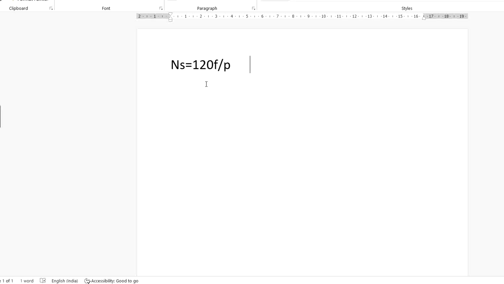If frequency is 50 and poles P equals 4, then your answer will be 1500 rpm.